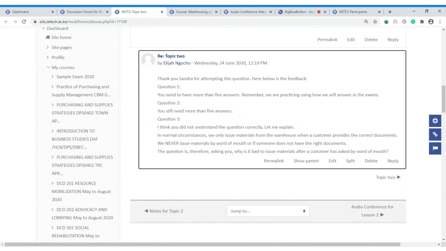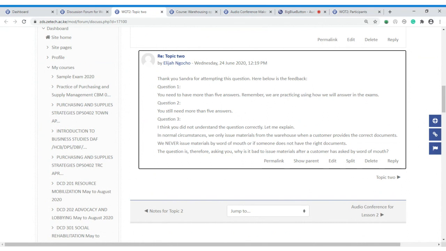We never issue materials by word of mouth, or if someone does not have the right documents. If they come with the wrong documents, or the materials requisition note is not filled out correctly, such that maybe it is missing a signature or has the wrong date, we will still not issue.